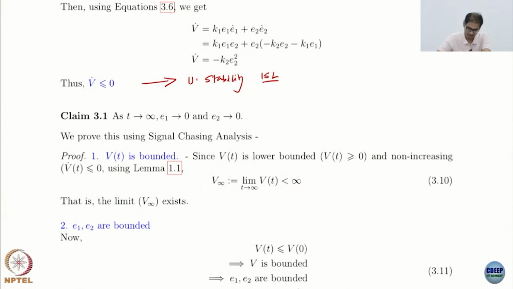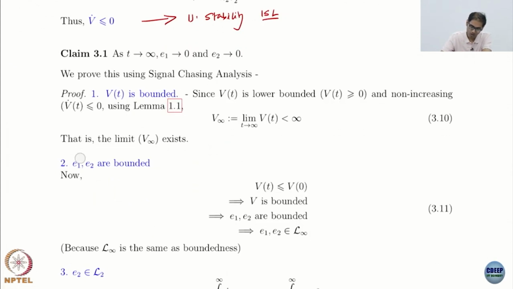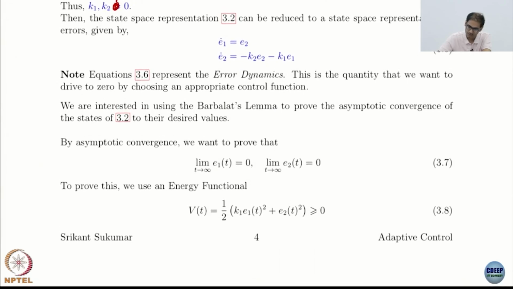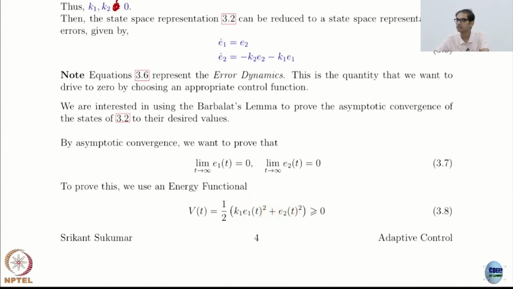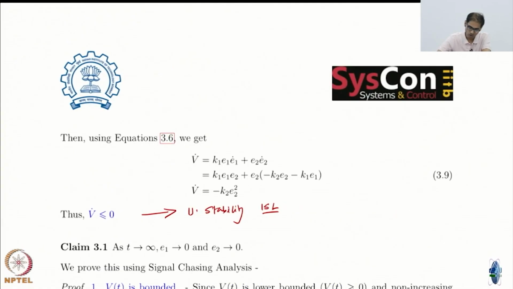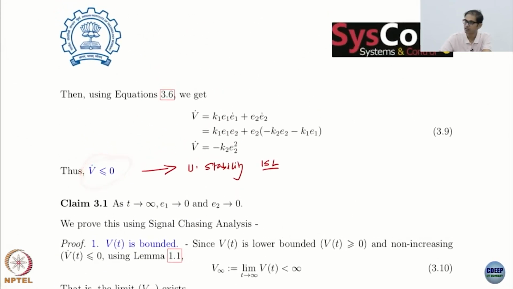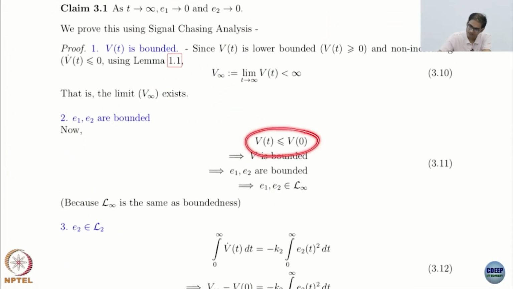Okay, great. Second step, both E1 and E2 are bounded. How? V is quadratic in E1 and E2, right? V is not increasing, so V is less than or equal to V0. Therefore V itself is bounded.